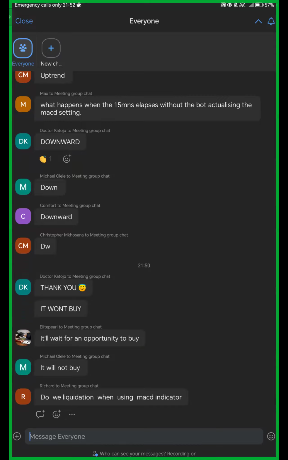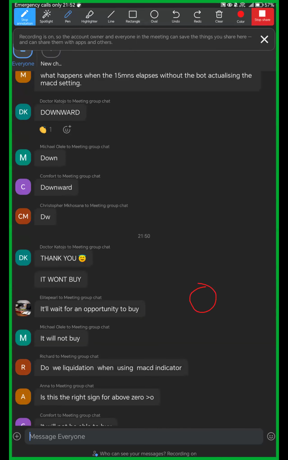The MACD does not protect you from liquidation. Richard, the MACD indicator does not protect you from liquidation. The MACD indicator only helps you to make entry in the market. So the robot can buy in a 15 minutes time frame. In this case, it is a death cross.